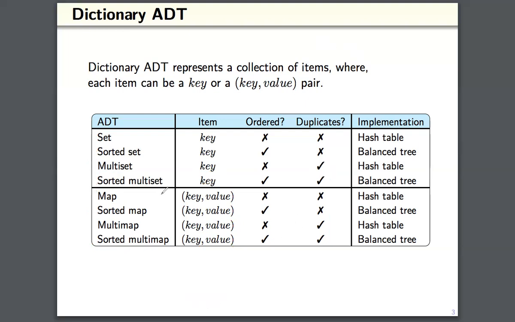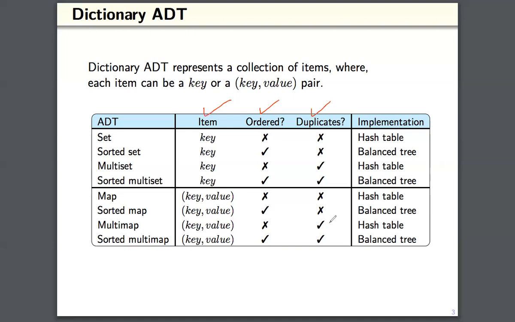Okay, next. We learned what the items are, whether it is a set or a map, and we know which is sorted and which is unsorted. Now we know which contains duplicates and which does not. If I use the term set, it means it does not contain duplicates. Map, it does not contain duplicates.